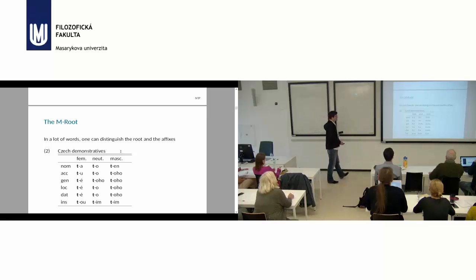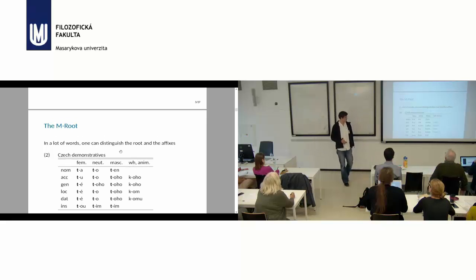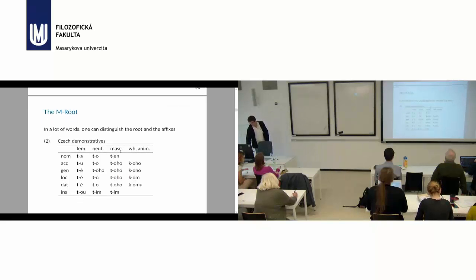Now, again, the fact that this T here is to be considered the root and the other forms inflectional affixes is at least partly confirmed by the WH pronoun, which is koho, kom, komu. And I've shown you those forms of the WH pronoun in Czech, meaning who.